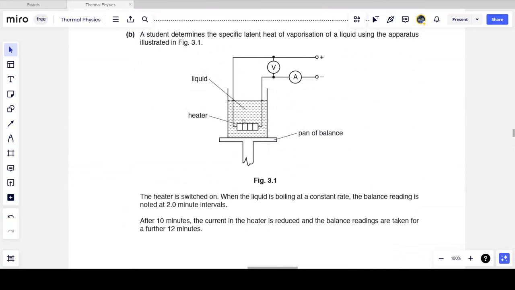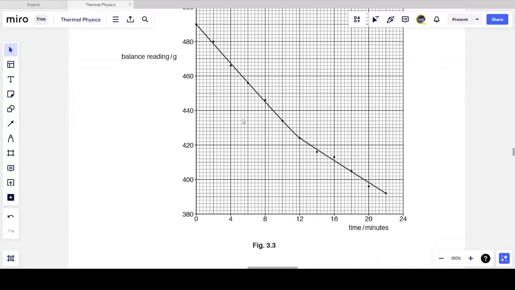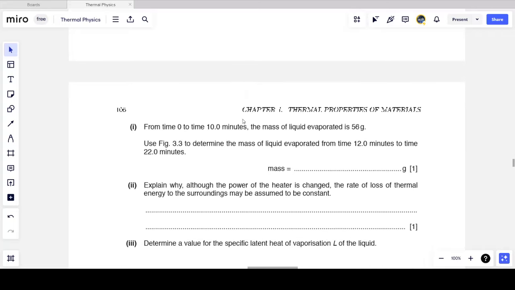So what is it actually telling us? The change in mass shown on the balance is equal to the amount of liquid that's evaporating, the amount of liquid that is undergoing vaporization. That's all it's telling us. The balance being there is just an extra piece of the puzzle, a way we can actually calculate the amount of liquid that's being evaporated.